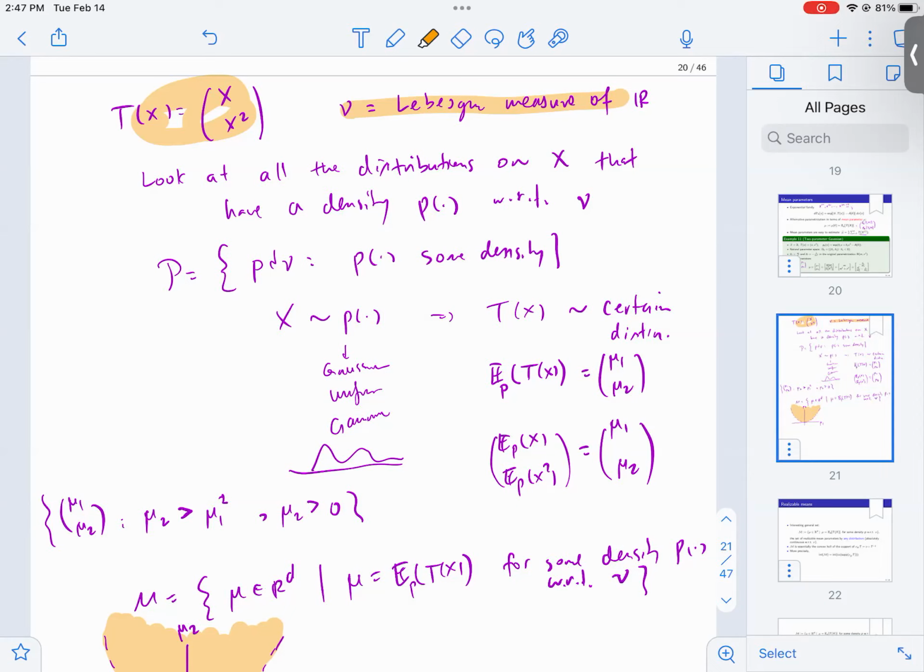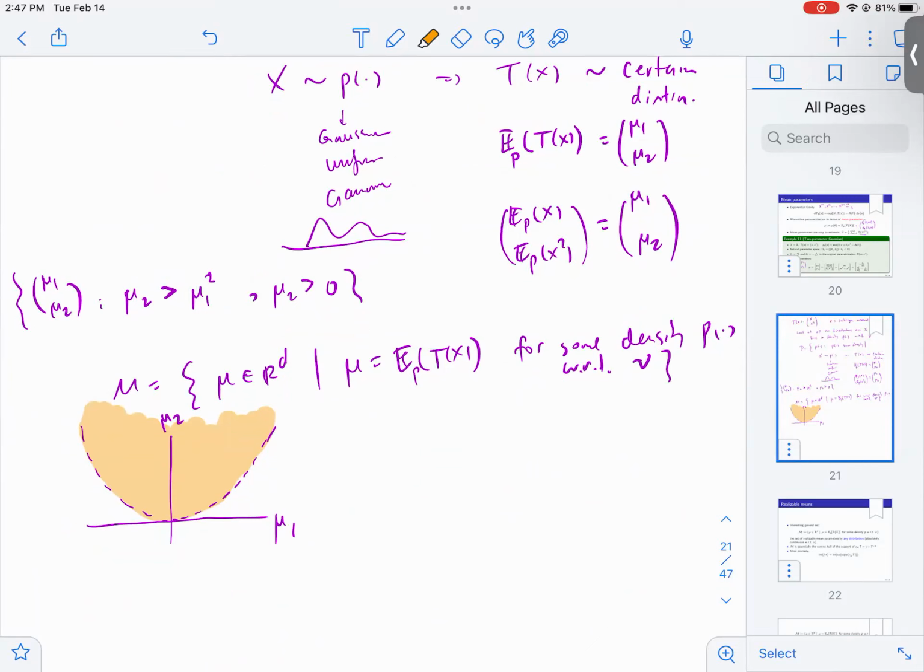Okay. So I'm going to give you the punchline shortly, but I just want to point out the geometric picture first. It's just a side note for people that are interested in measure theory, maybe. How do I get this set geometrically?